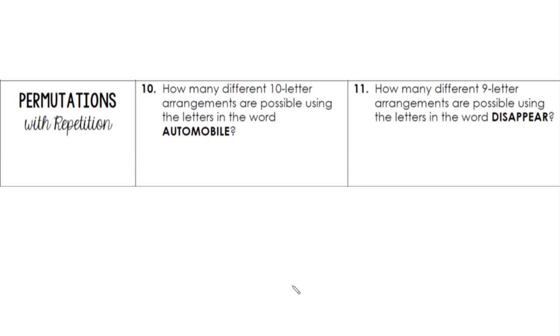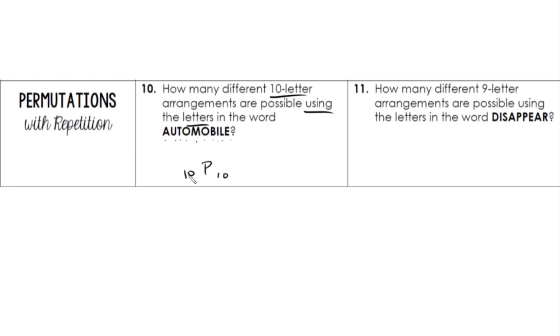How many different 10-letter arrangements are possible using the letters in the word automobile? So it's important, using the letters in the word automobile. 1, 2, 3, 4, 5, 6, 7, 8, 9, 10 letters, and you're making a 10-letter word. So you've got 10P10. You might be thinking to yourself, well, O is repeated, right?